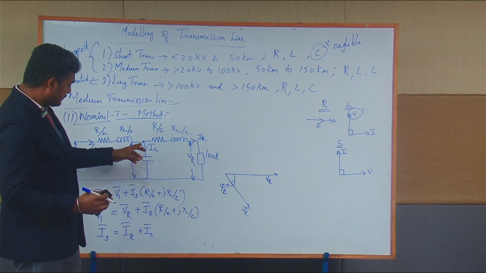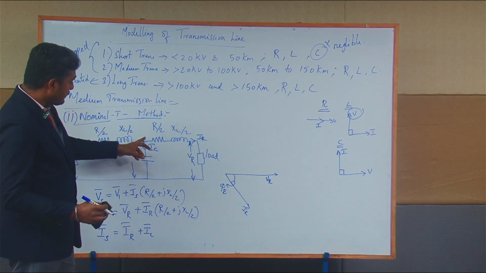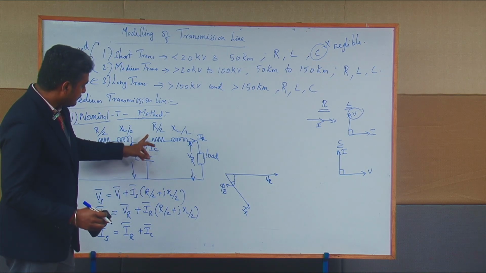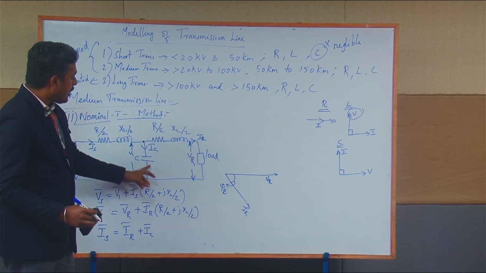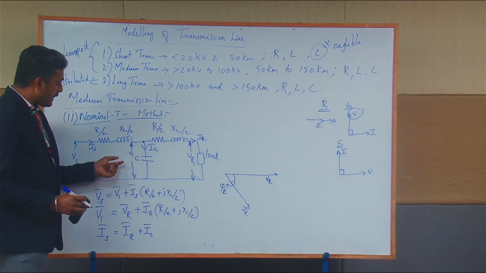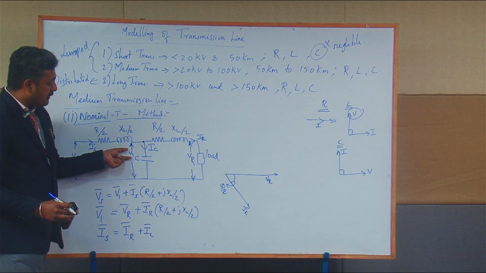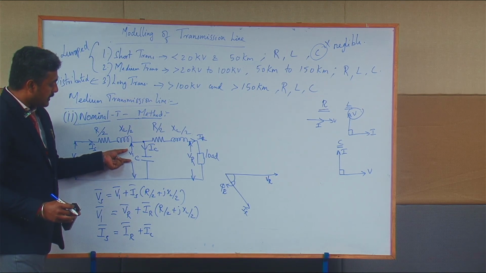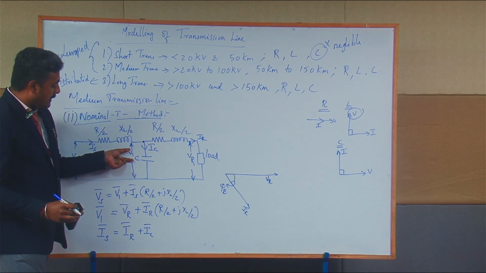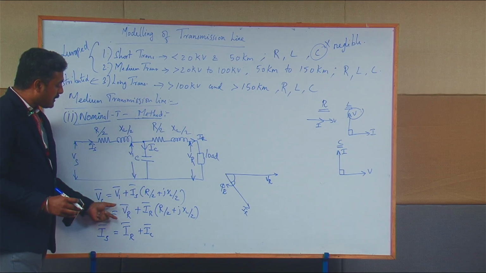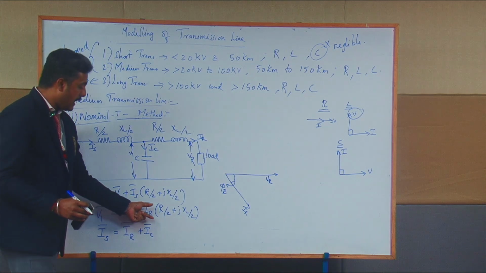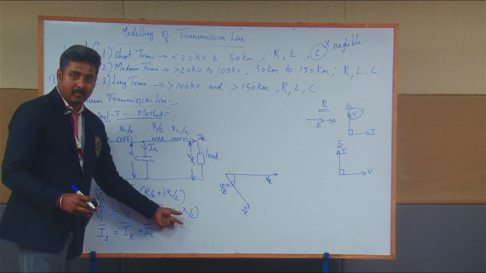And then I have to draw the IC vector. To draw this IC vector, I should know the V1 vector. V1 vector is equal to VR vector plus IR into R by 2 plus j into XL by 2.